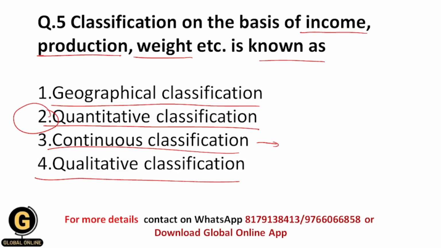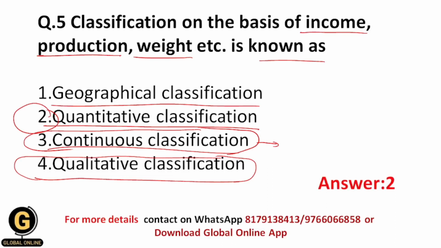And the last one is qualitative classification. It means classification based on the quality of the data or the quality of the concepts. And thus the answer is quantitative classification.